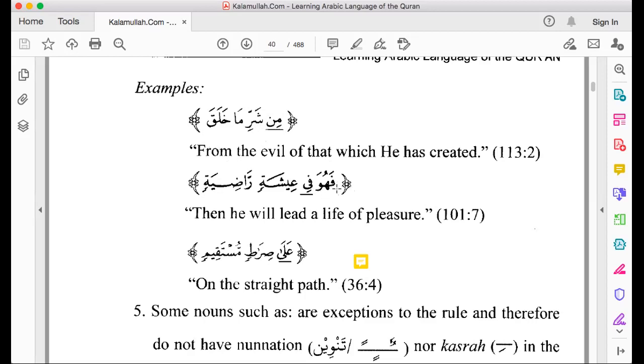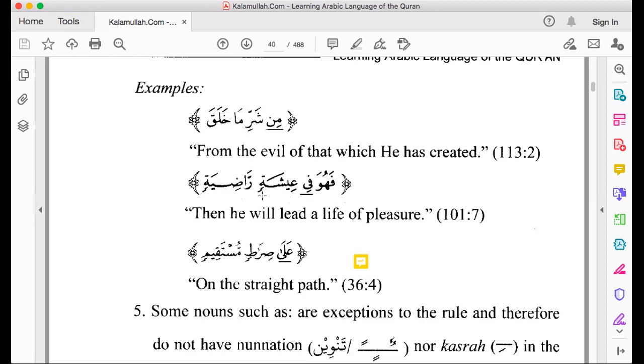In this example, fahuwa fi ishatin radiya. So here what happened? Fi is a preposition, which is what caused this noun to be in the state of jarr, majrur. It bears that double kasra, tanween kasra, because of this fi, which is a preposition. So he will lead a life of pleasure. Fahuwa, he is in a life of pleasure.